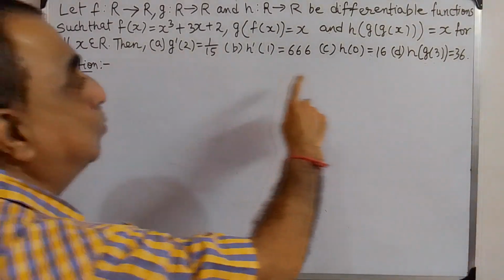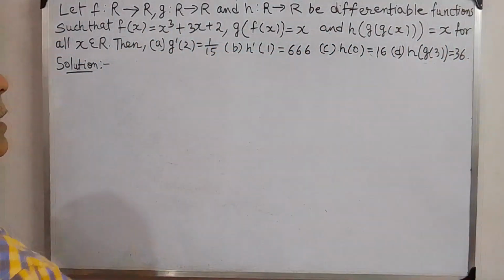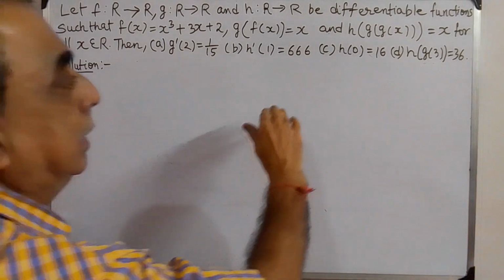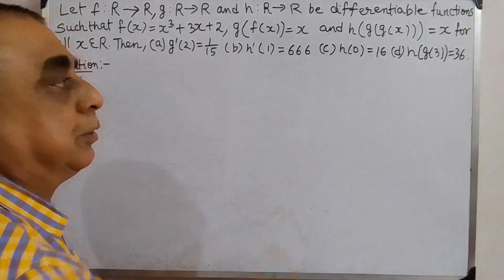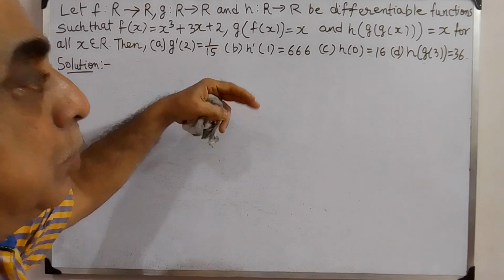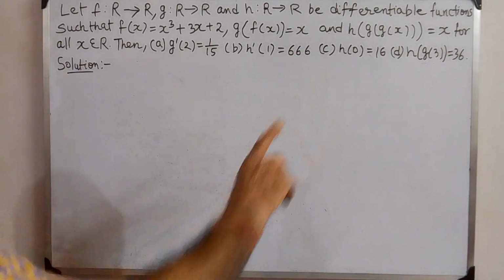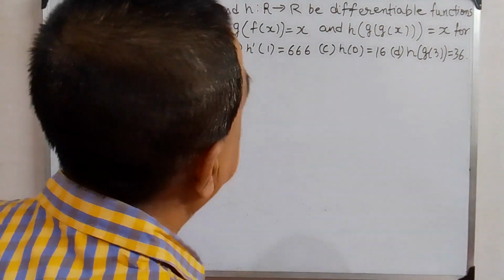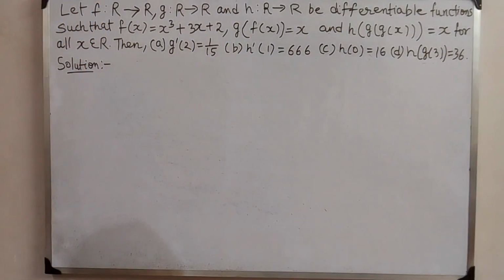From these four options, there may be more than one correct option. Maybe one correct or more than one correct, and you have to find all the correct options for the given question. Now see here, what is the sum saying?